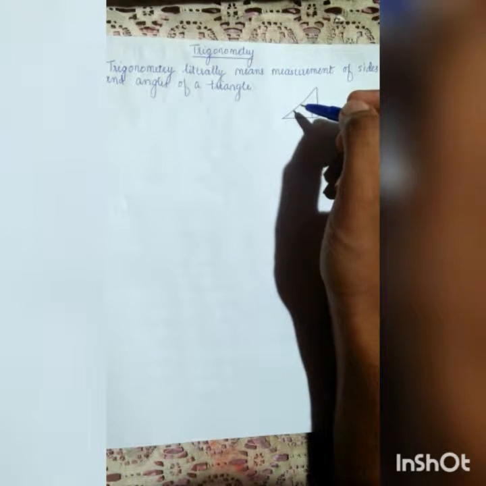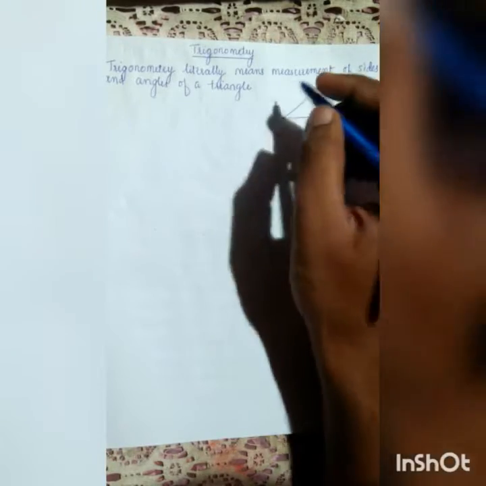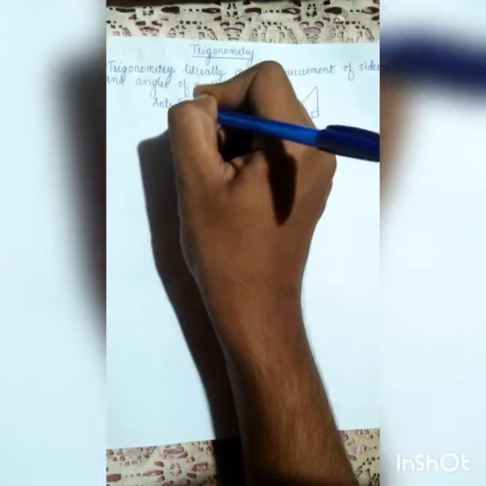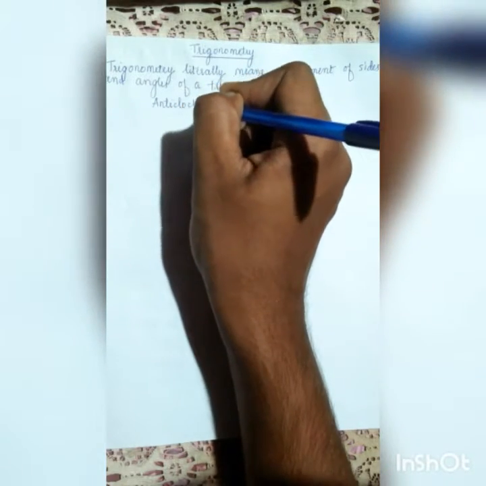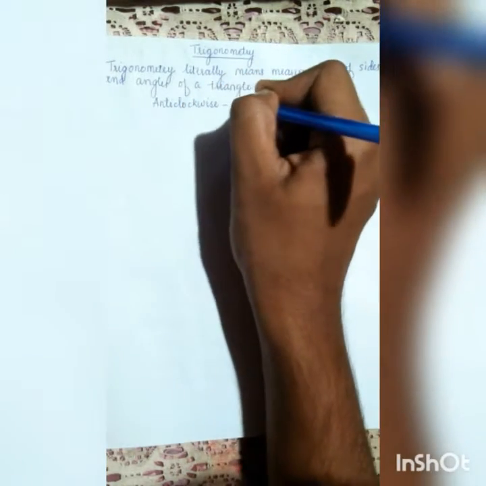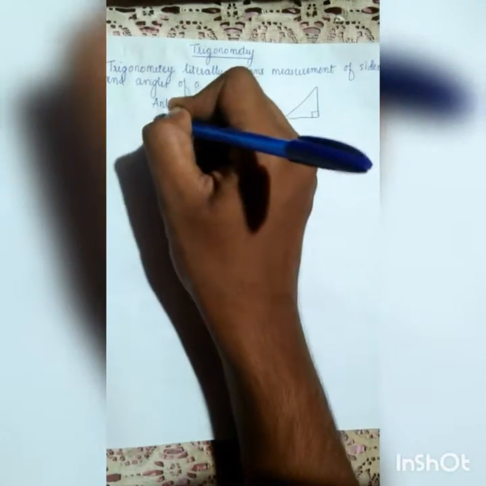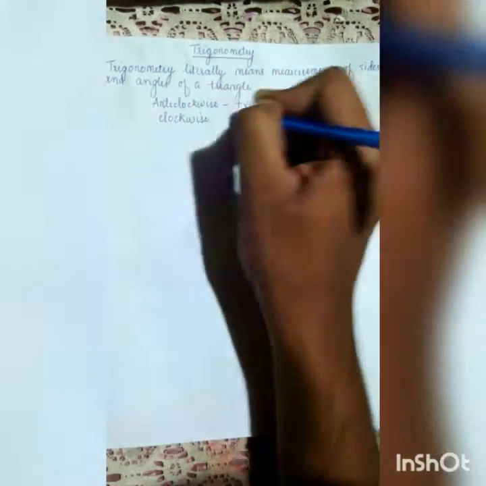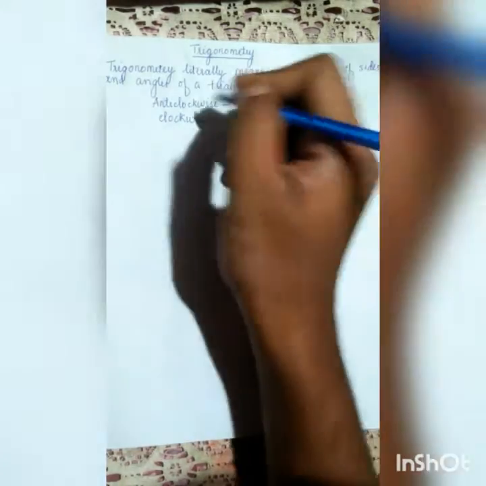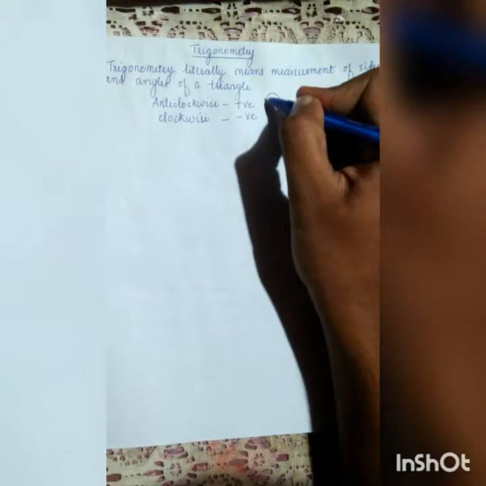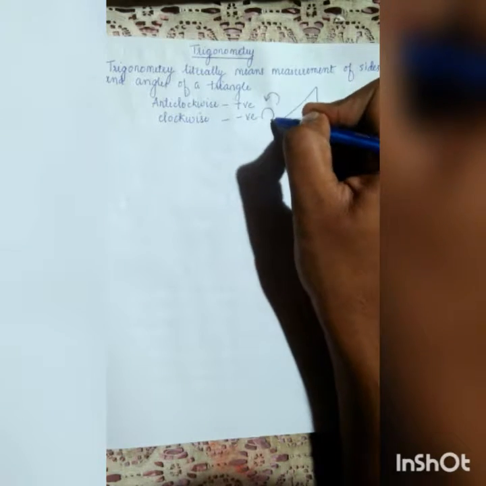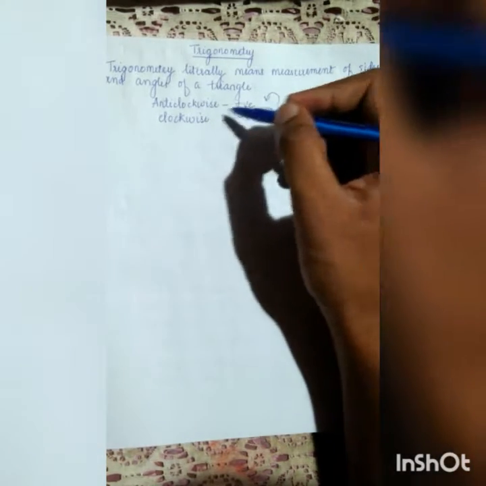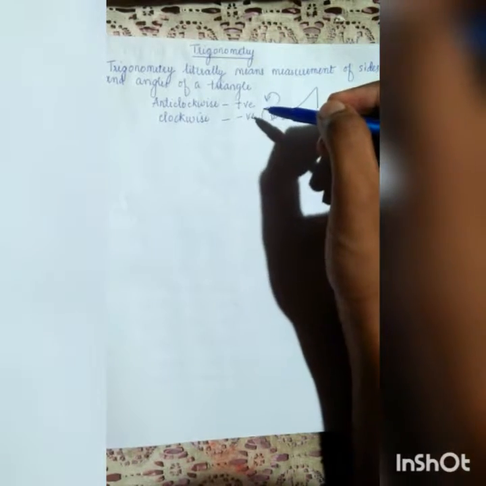So an angle must be put with a sign. Anti-clockwise is this direction and clockwise is this direction.